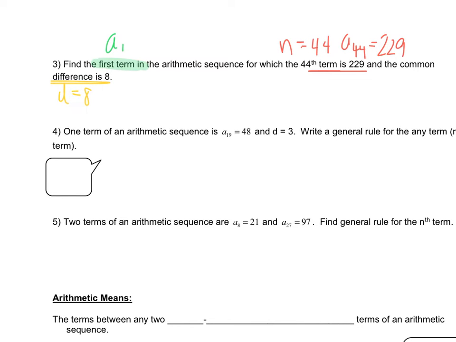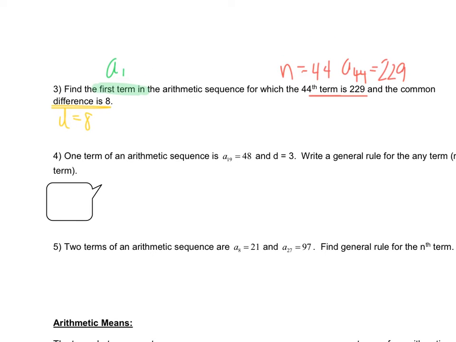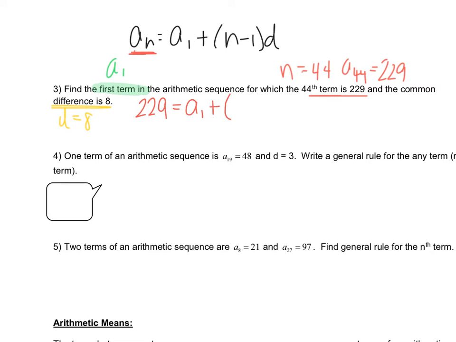Okay, so we're going to use our formula, which remember is a sub n equals a1 plus n minus 1 times d. So this is going to represent the 44th term. So 229 equals a1, which is what we're missing, plus n, which we have, that's 44, minus 1 times 8.